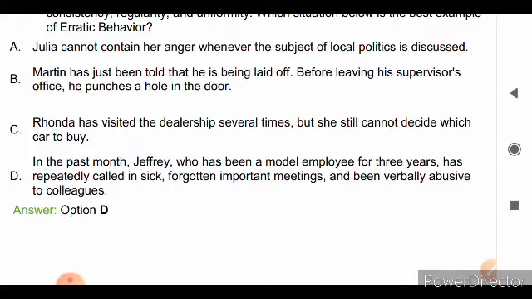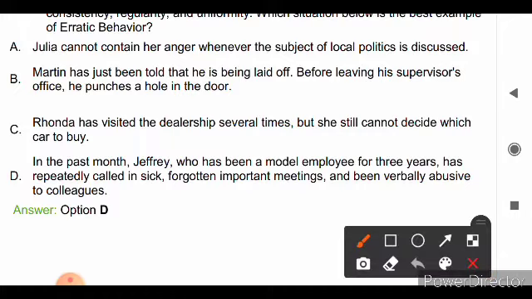In the past month, Jeffrey, who has been a model employee for 3 years, has repeatedly called in sick, forgotten important meetings, and been verbally abusive to colleagues. So we can see Jeffrey's recent behavior is inconsistent and irregular. So the right answer of this question is option D.